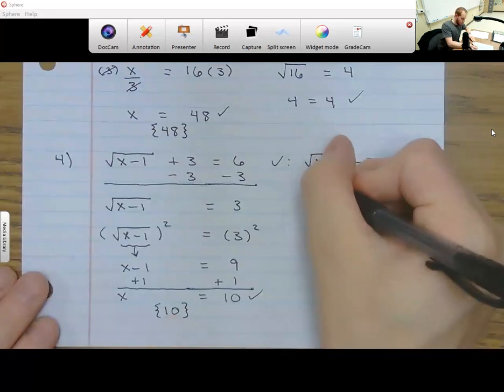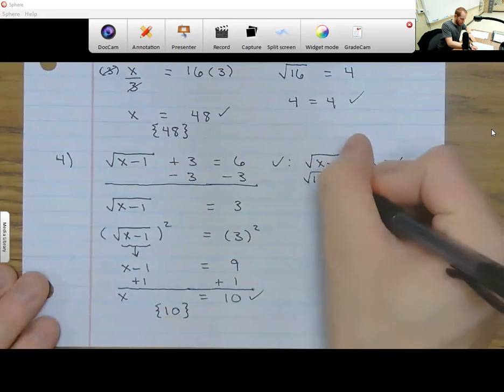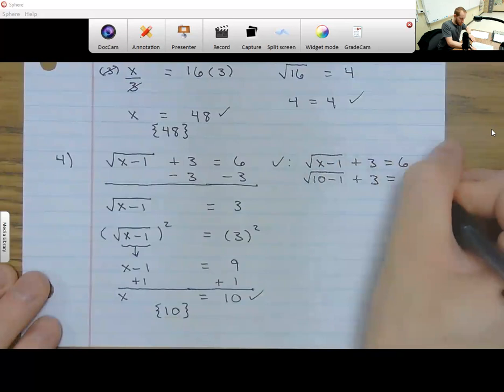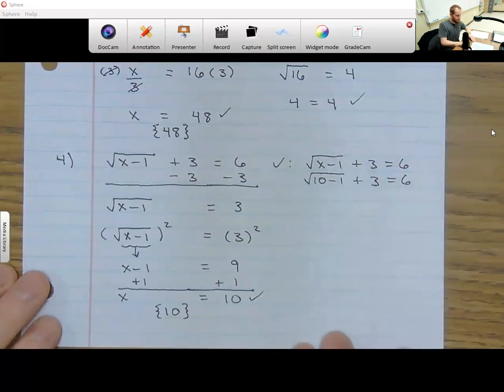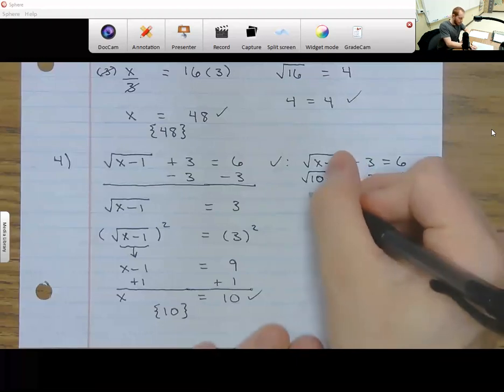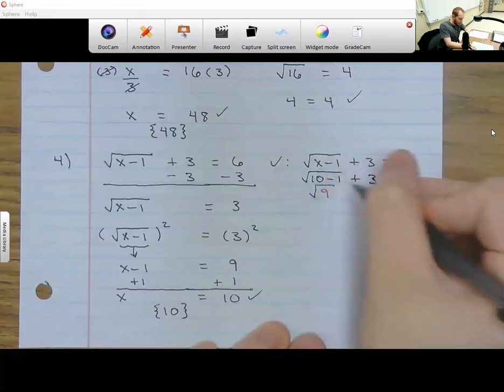So I get the square root of 10 minus 1 plus 3 is equal to 6, right? That's all that's changed. The x has turned into 10, because 10 and x are the same thing, right? Okay, so 10 minus 1, that's going to give me 9. So I actually have a 9 under the radical.